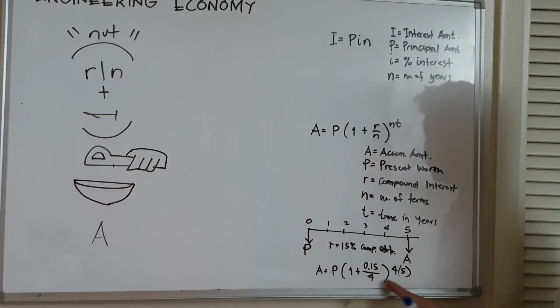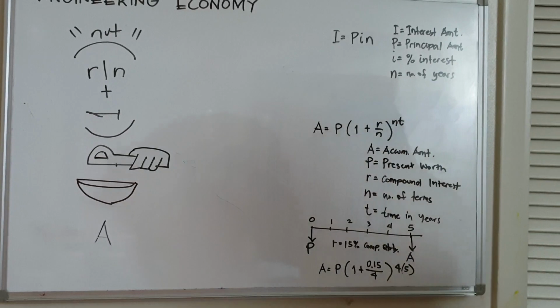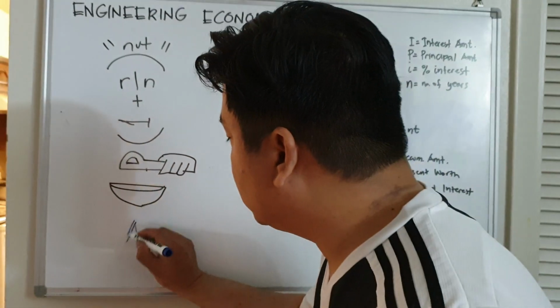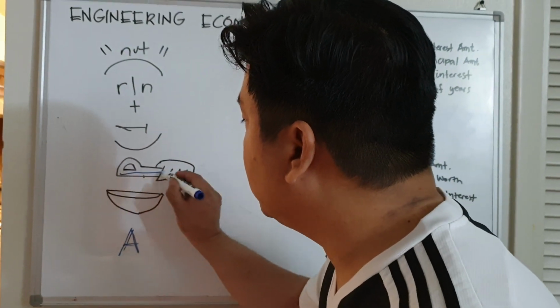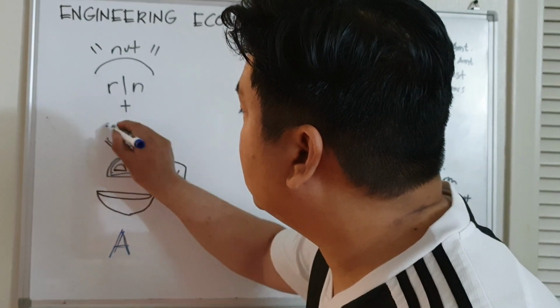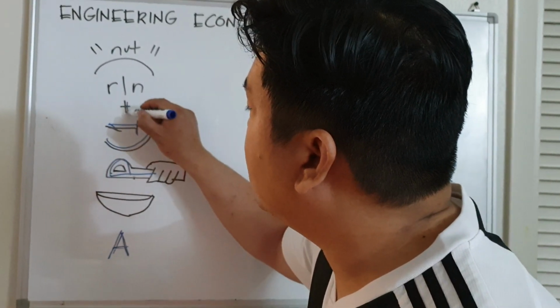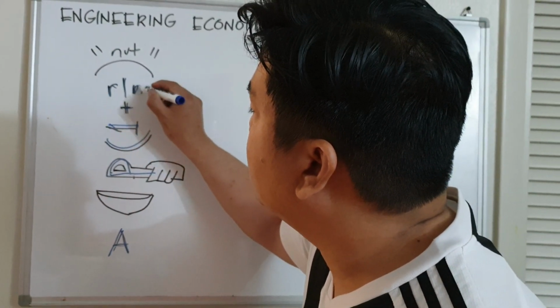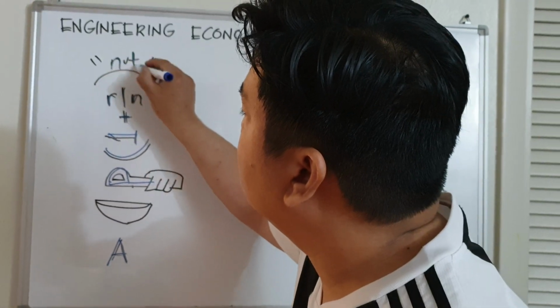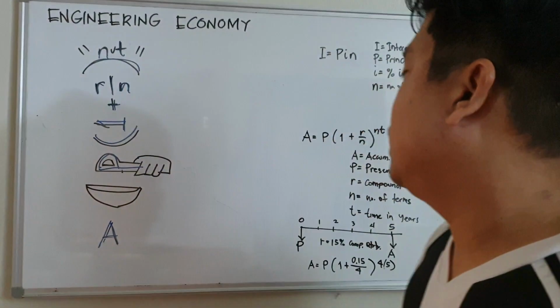So 20. This is how you're going to represent the formula. I just want to emphasize, this is A, this is P, this is the mouth, the nose, the eyes, and raised to NT, the nut.